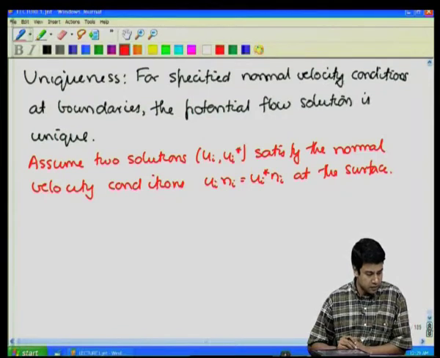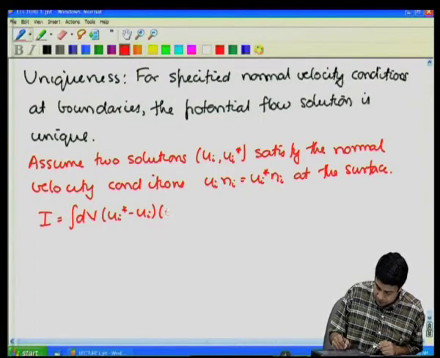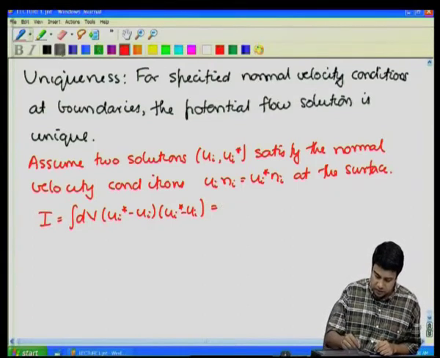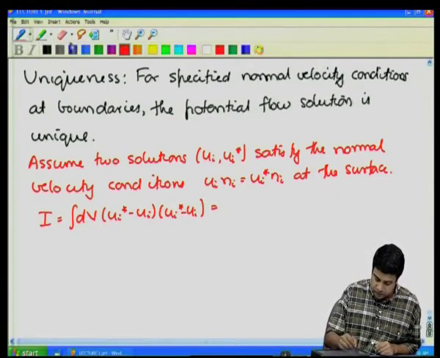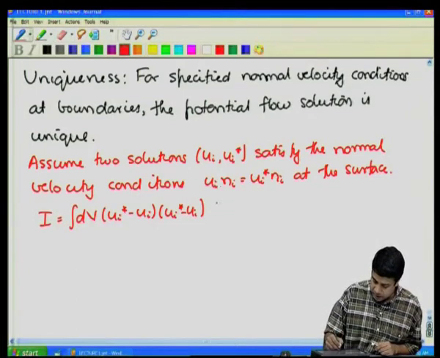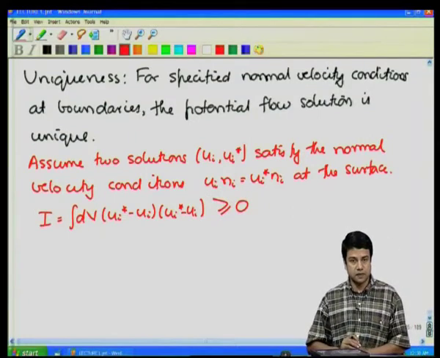So, if you look at the integral over the volume of (u_i star minus u_i) times (u_i star minus u_i), this is the integral of a square of some number integrated over the volume. This always has to be greater than or equal to 0. There are two potential flow solutions, both of which are satisfying the same boundary conditions.